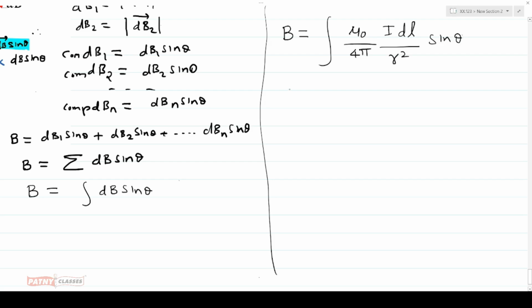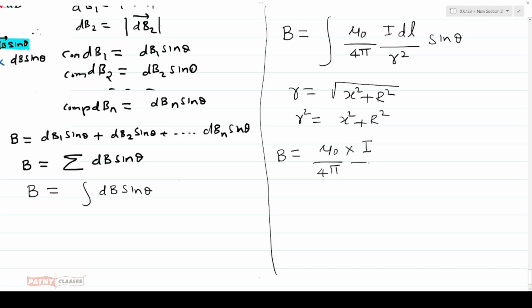Since we have R equals under root of x square plus R square, therefore R square equals x square plus R square. In the above expression, mu naught upon 4 pi is constant, the current flowing through the coil is also constant, and x and R are also constant unless and until you change them.